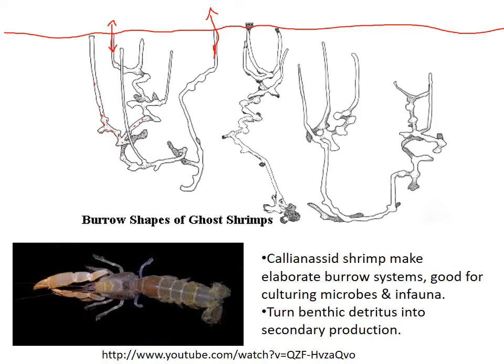And the shrimp goes along its network of tubes and scrapes away the bacteria and fungus that are growing in the well-oxygenated walls of the tube, and it eats that. And so basically it's turning the detritus in the sediment into secondary production. So it's turning it into shrimp.